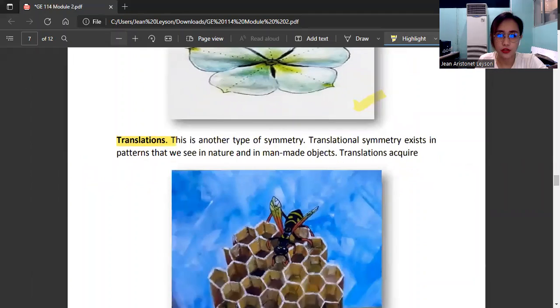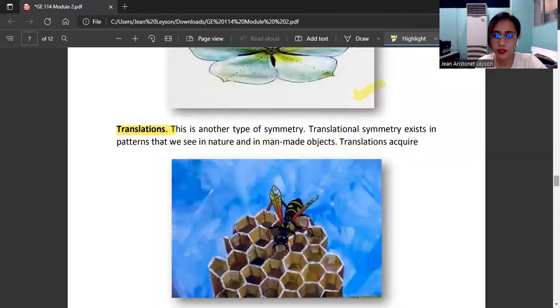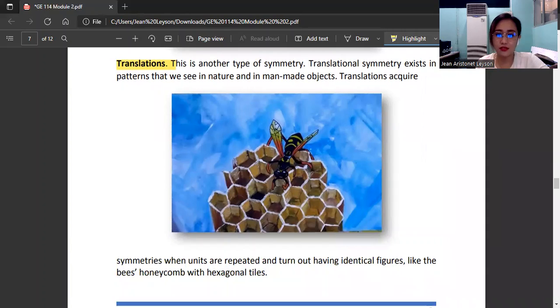Next, we have translations. So this is another type of symmetry. Translational symmetry exists in patterns that we see in nature and in man-made objects. It can be natural in form or it can be man-made. Translations acquire symmetries when units are repeated and turn out having identical figures, like the bee's honeycomb with hexagonal tiles.